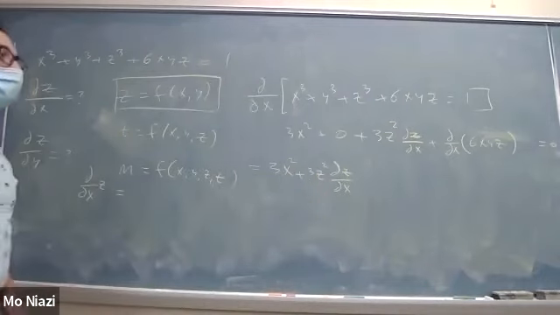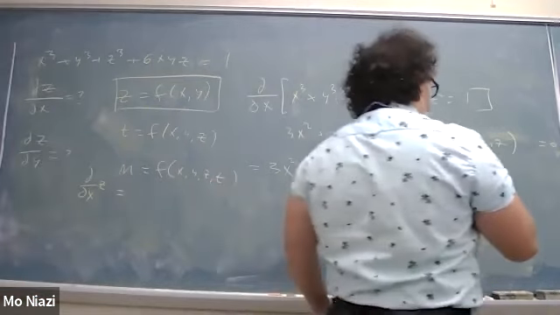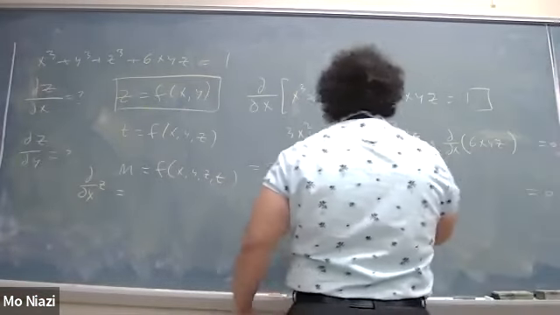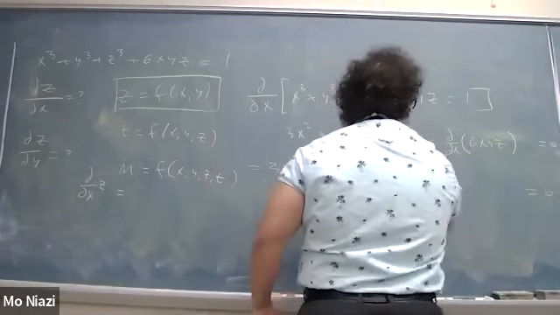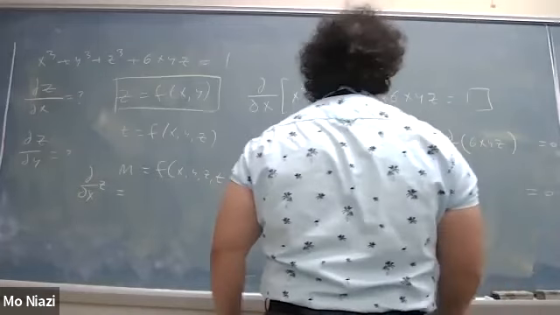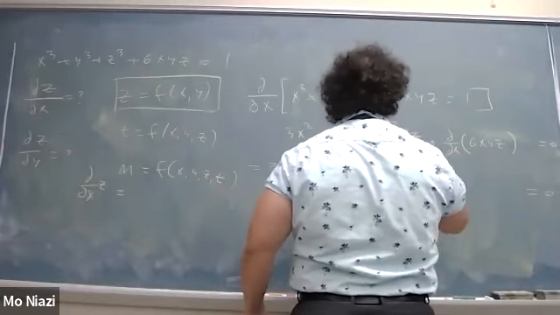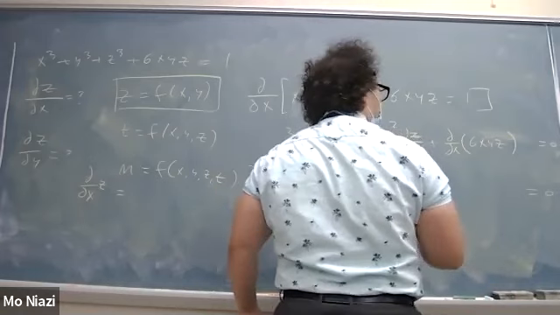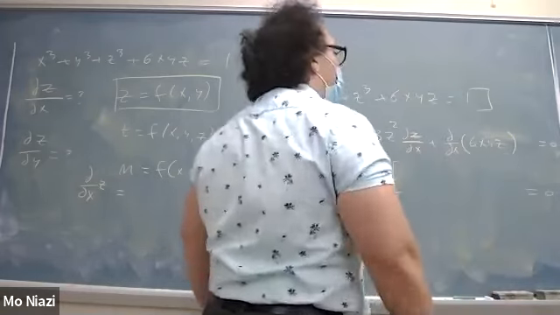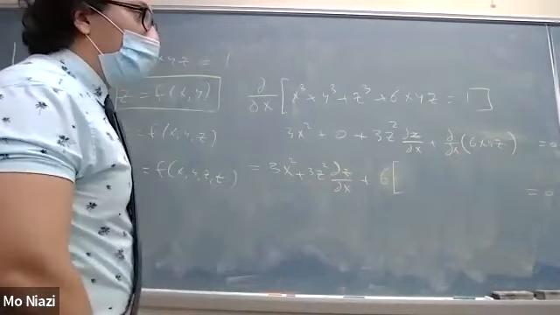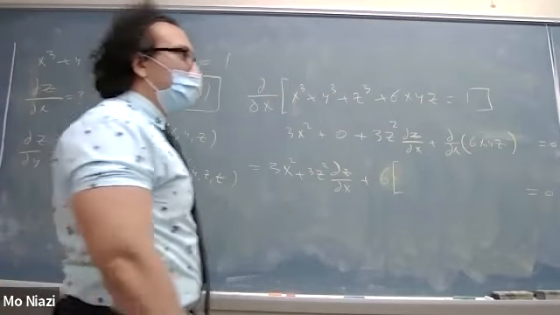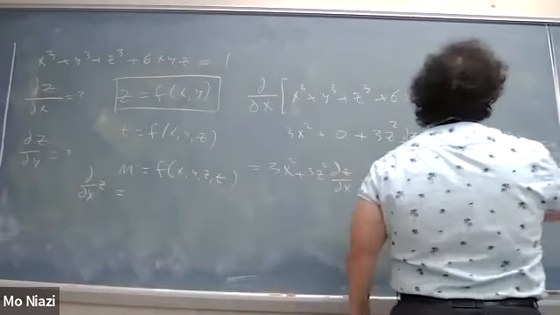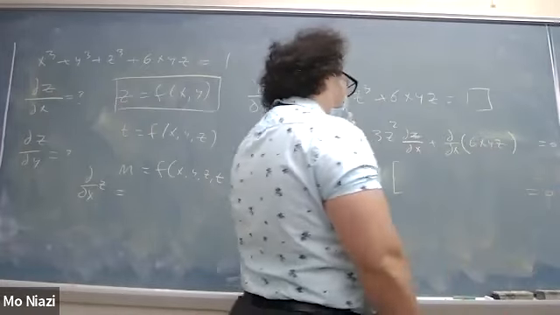What is partial x of 6xyz? All right. Okay, the only thing that can be ignored is this 6. So what ends up happening is you're going to have to take the product rule here, because z is a function of x and y. Okay?